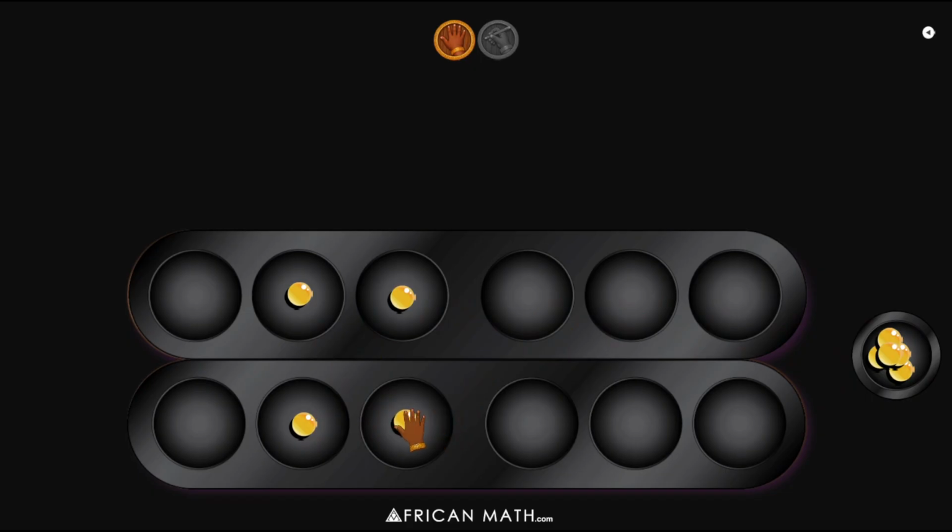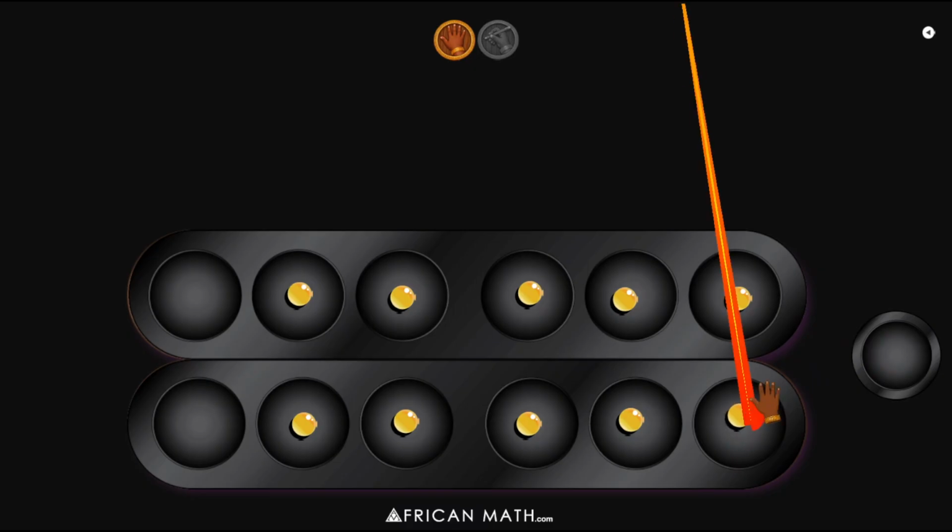Counting in, we have 4, even, 5, odd, because we have the odd one out, 6, even, 7, odd, the odd one out, 8, even, 9, odd, the odd one out is here, and then we have 10. Okay, so we have 10 total.